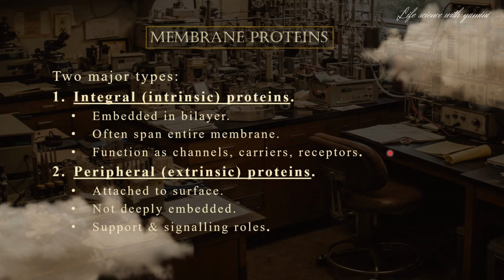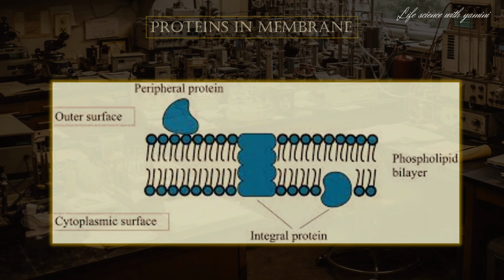Now we can discuss it with the diagram. Peripheral protein is on the outer surface, and integral protein is embedded between the phospholipid bilayers.